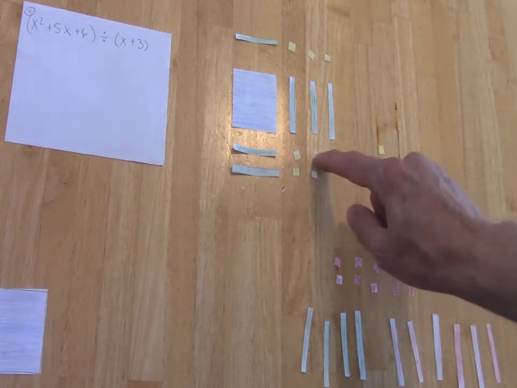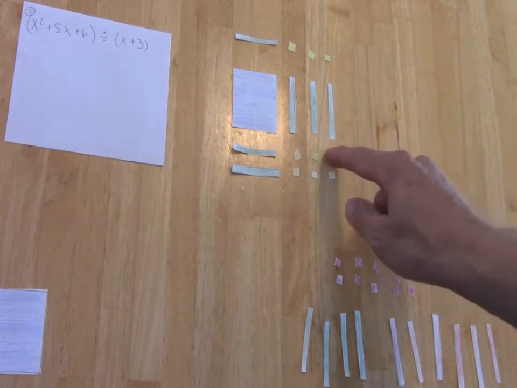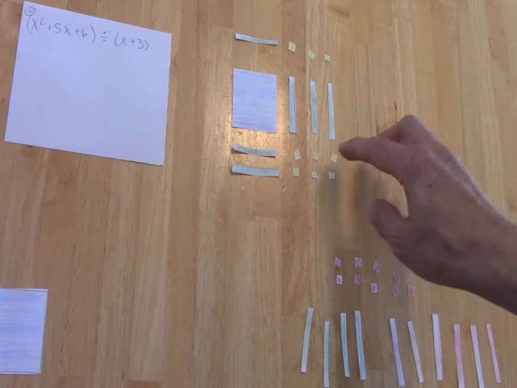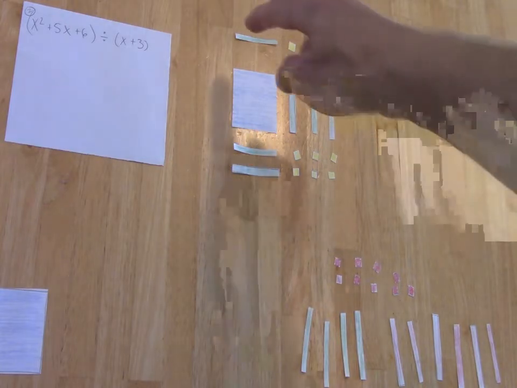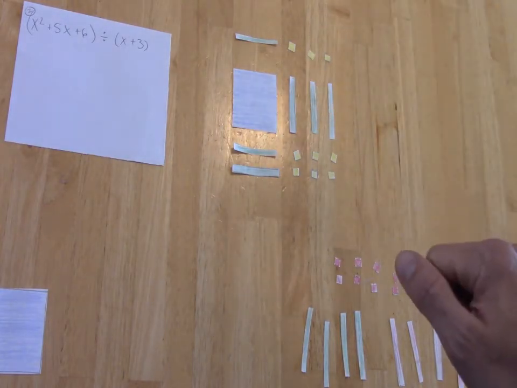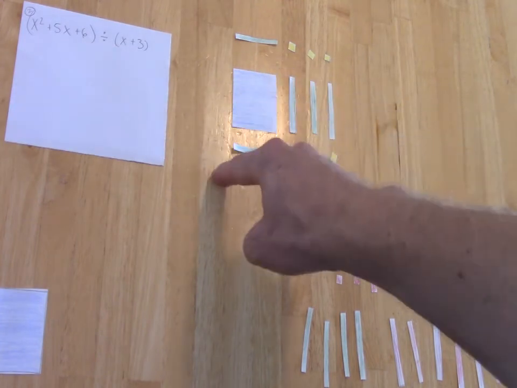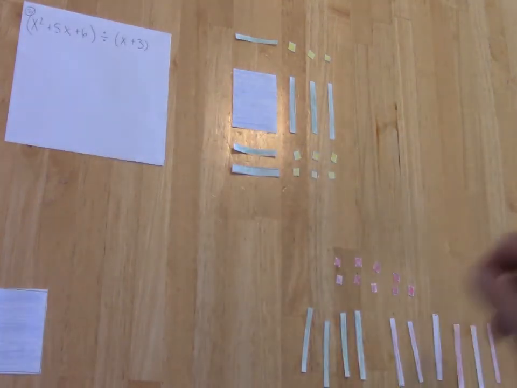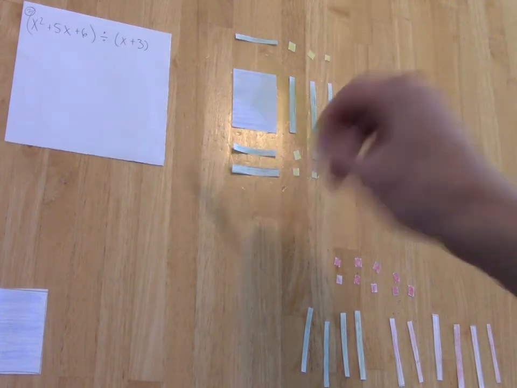So notice that I've put 2 x's here, and then I have fit in all of the 3 by 2 array of units. So we have x plus 3 on the horizontal dimension, and then the vertical will be an x and then 2 more units. So it's going to be x plus 2, an x here, and then 2 more units this way.